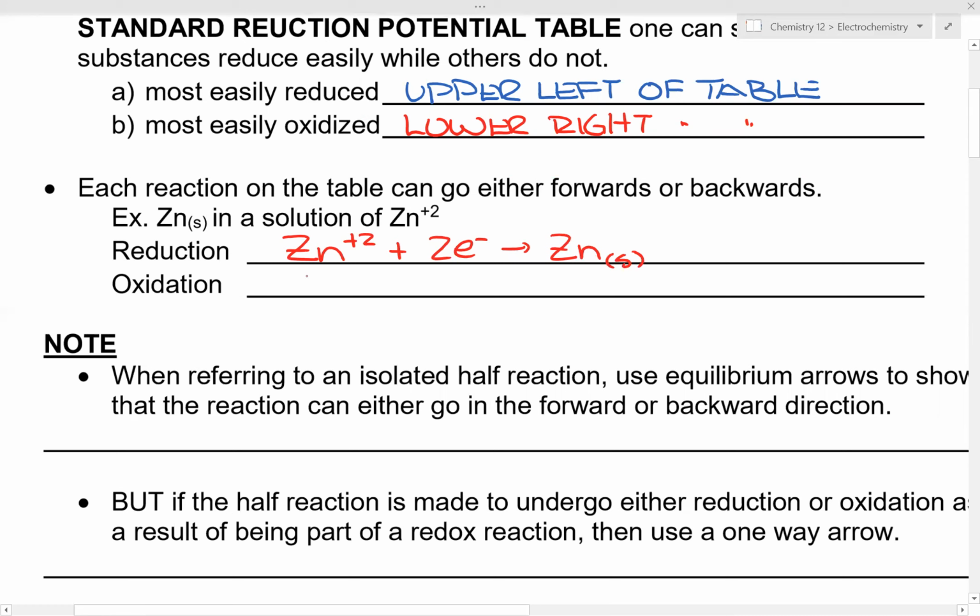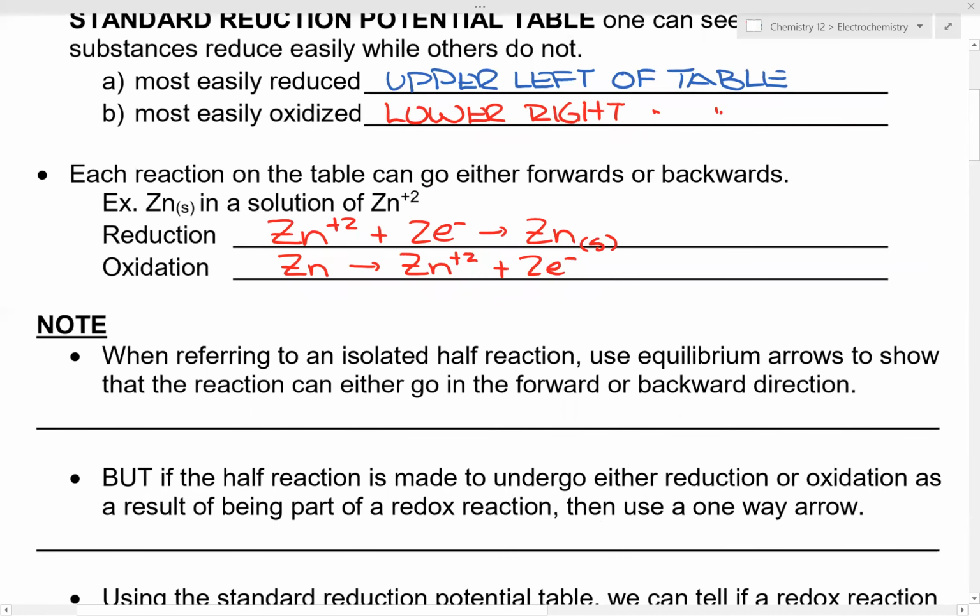For oxidation, zinc solid gives you zinc 2 plus and 2 electrons. Depending on how you read the table, in the first case you are reading from left to right, and in the other case you are reading from right to left.